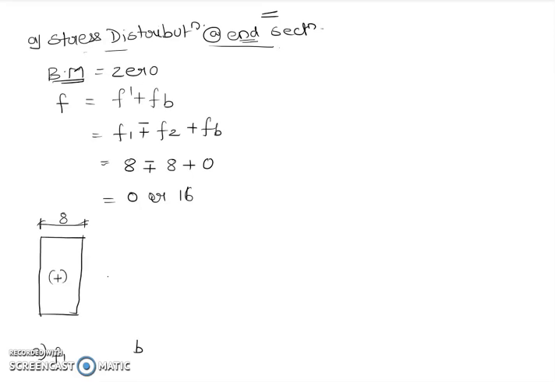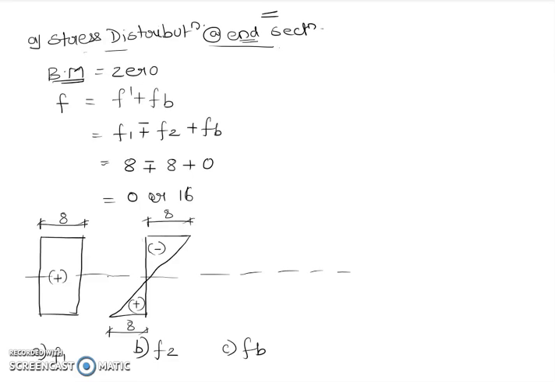Then let us draw F2. F2 is tensile at the top and compressive at the bottom. So the diagram will be something like this. This being 8 negative and this being 8 positive. Okay.